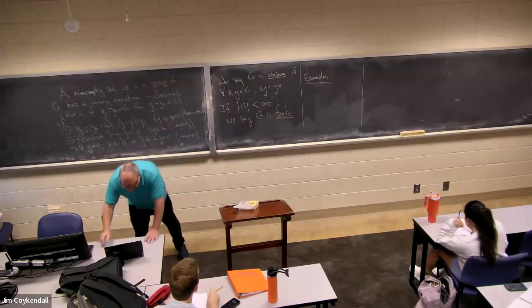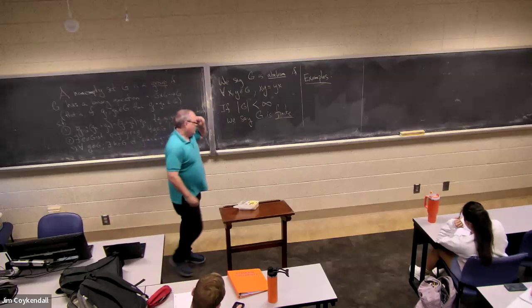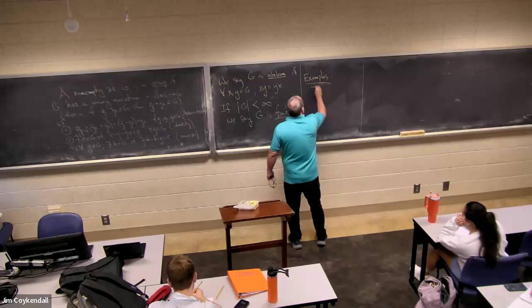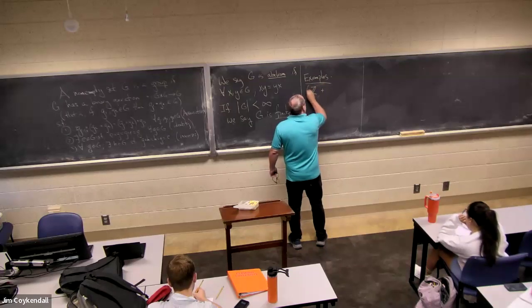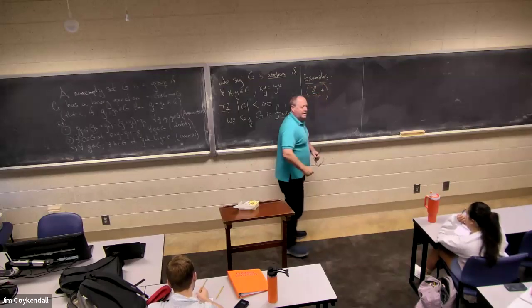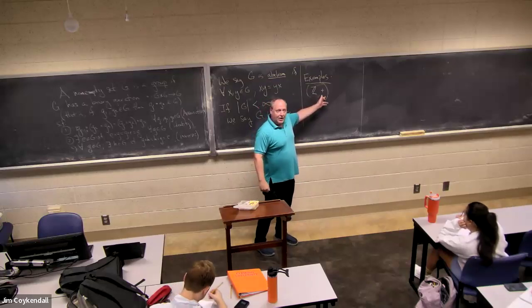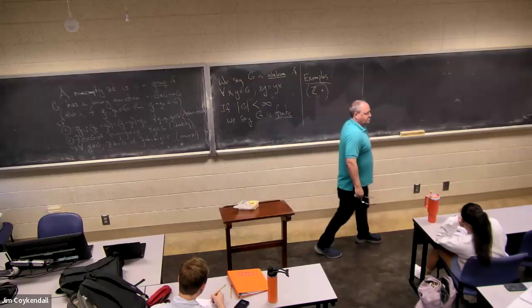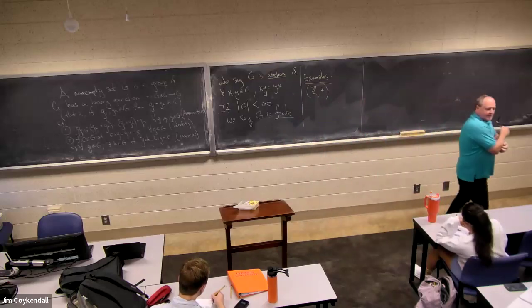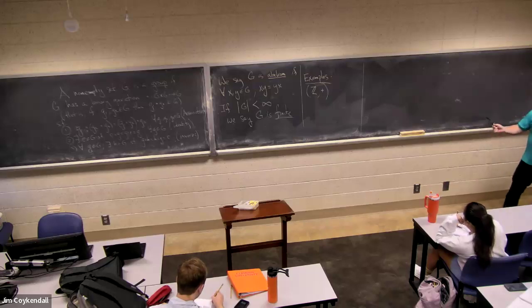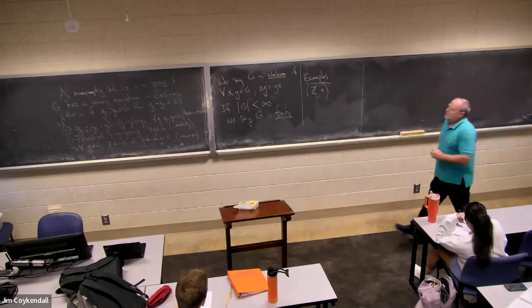Okay, so let's look at some examples of groups. This is the integers, and my binary operation is addition. This is a group. Well, what happens when I add two integers? I get an integer.